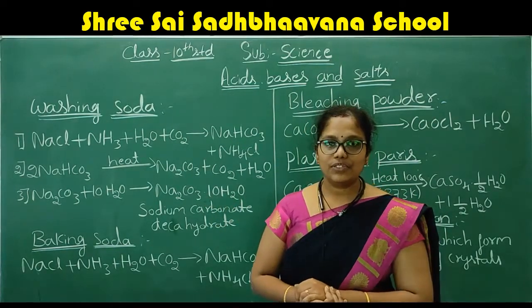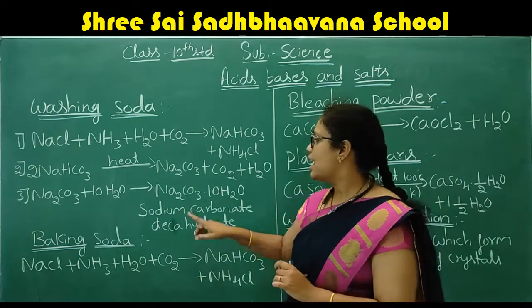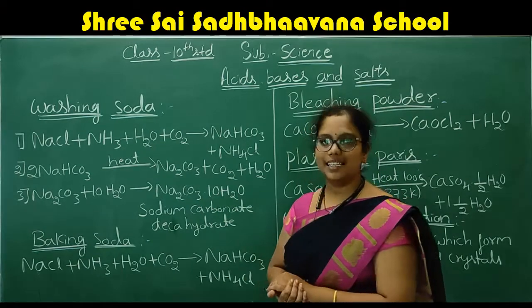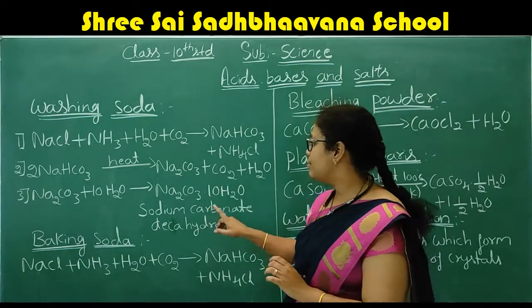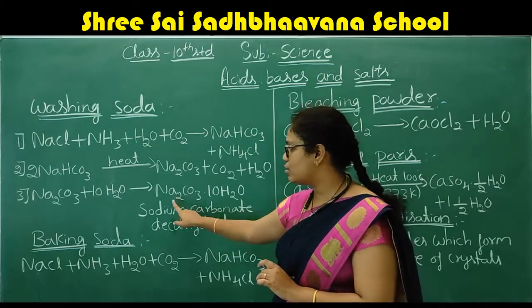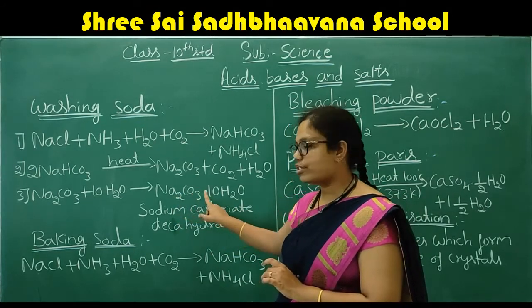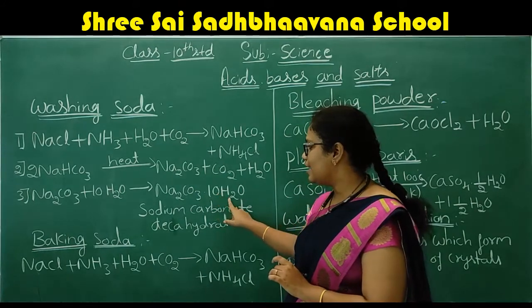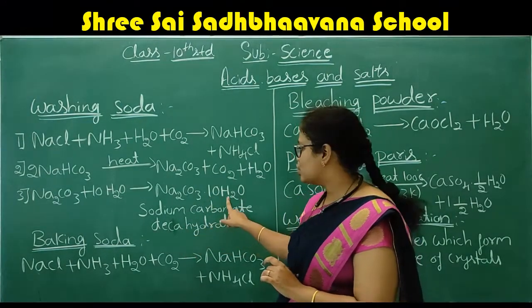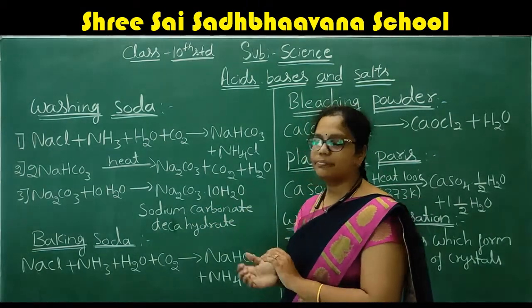And what is the name of this? Na2CO3·10H2O is sodium carbonate decahydrate. Na refers to sodium, CO3 refers to carbonate, and 10H2O: 10 tells the deca and H2O indicates the hydrate.